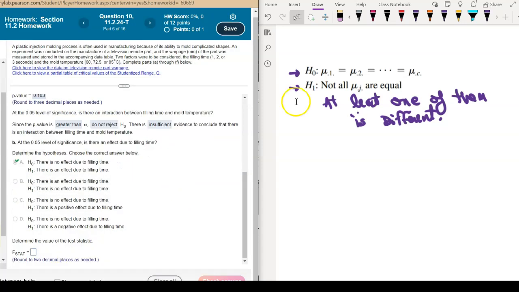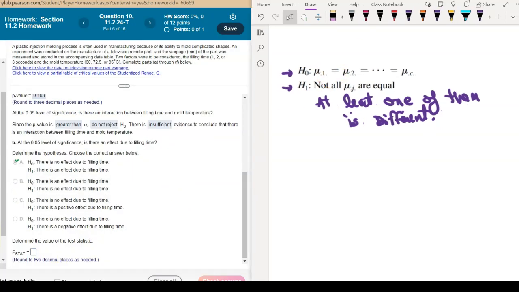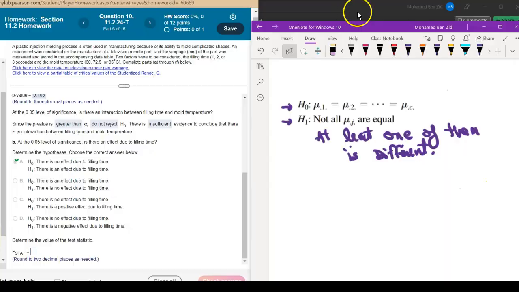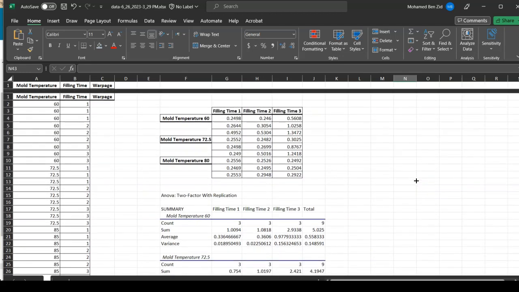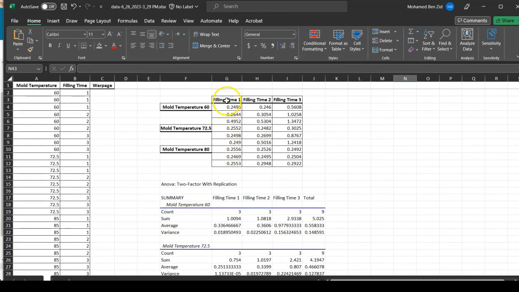We got it correct. Now they are looking for the F value. For the F value I need Excel, so going back to Excel. Right now we are talking about the filling times. The filling times, you can see here, are on the columns: column 1, column 2, column 3.